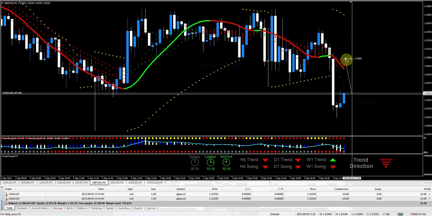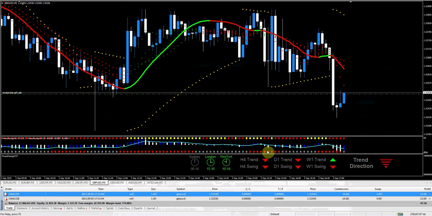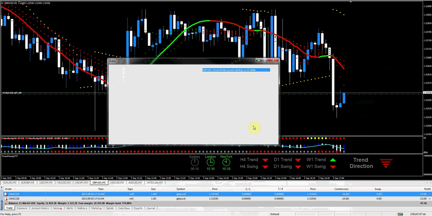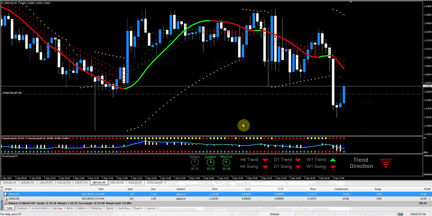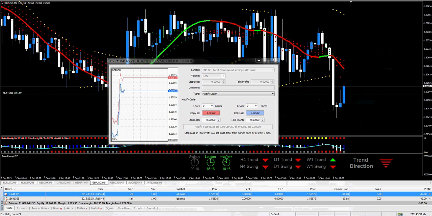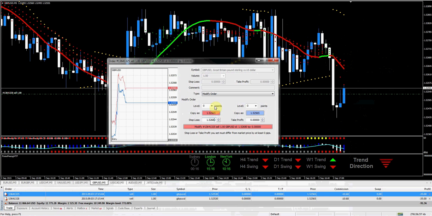Alright, so let's go ahead and just use a 15 pip stop loss. So that is 1.5268. Looks like I would have been filled either way.